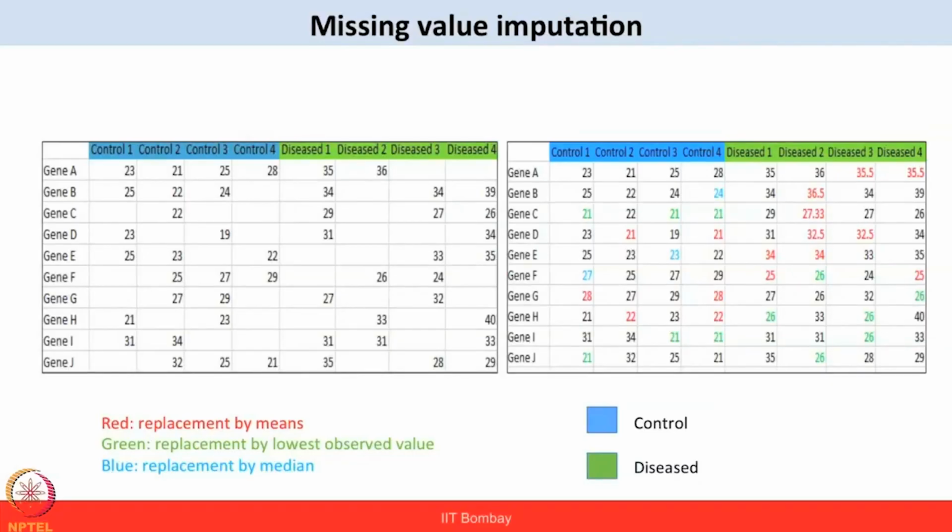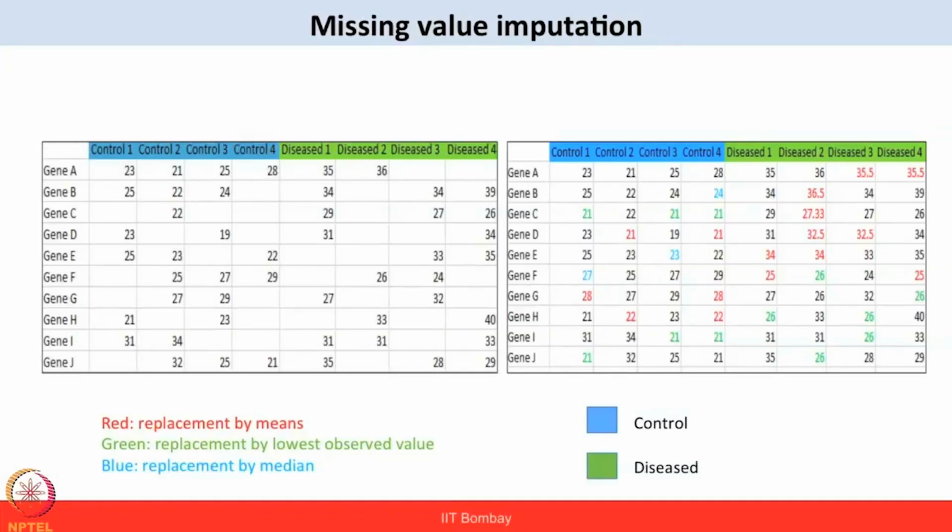And the last one, green, highlights the replacement by lowest observed value. It assumes that the peptide is below the detection limit in the sample. That is why we are encouraged to use this kind of missing value imputation by the lowest observed value, and this is shown in green.